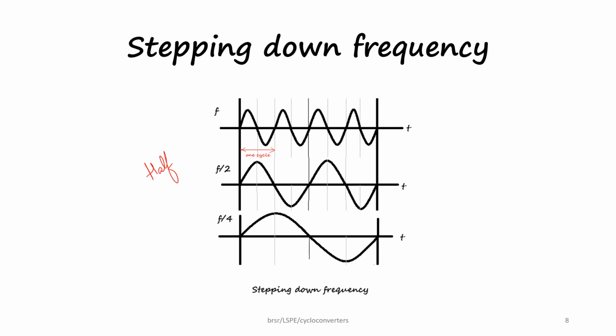In the same time period now we have only two cycles, so it is half the frequency. And in the next picture we see that in the same time period we have only one cycle. So this is 1/4 the frequency. Suppose a supply has a frequency f, using a cycloconverter it can be reduced to even 1/4 of the frequency, or any frequency we require. This is called stepping down frequency.